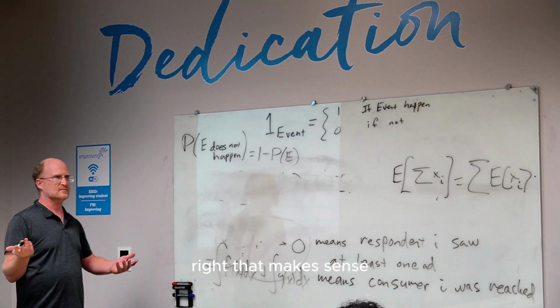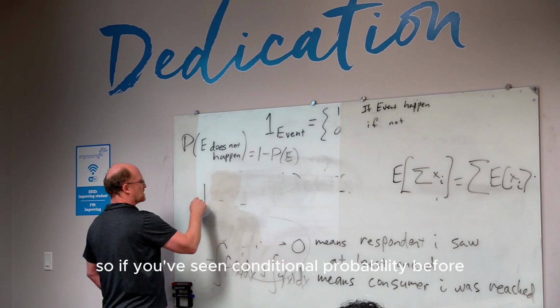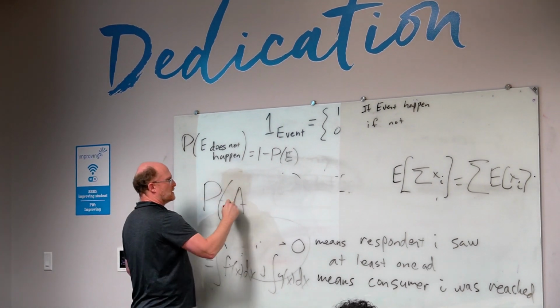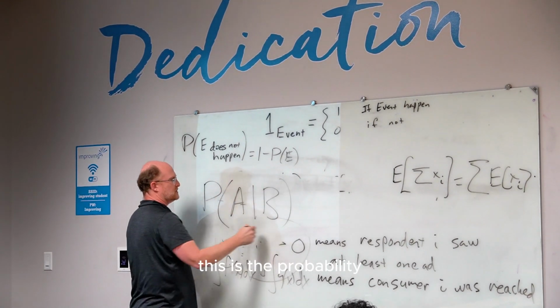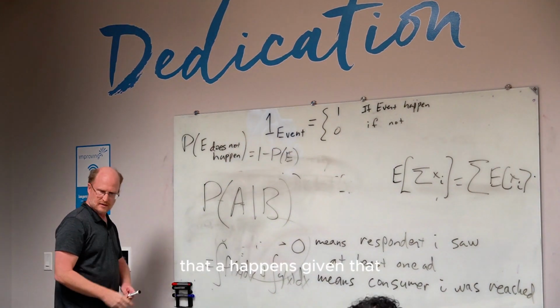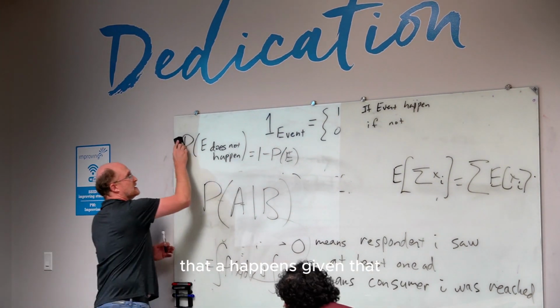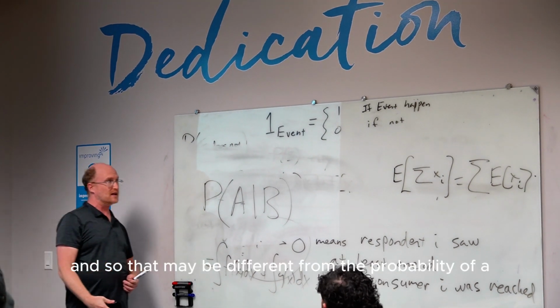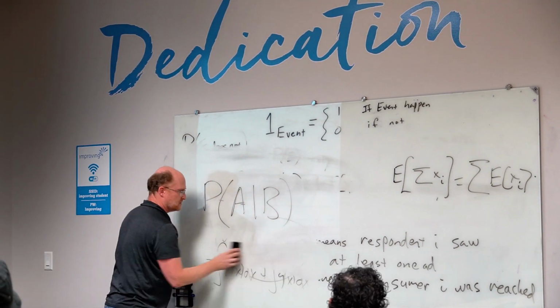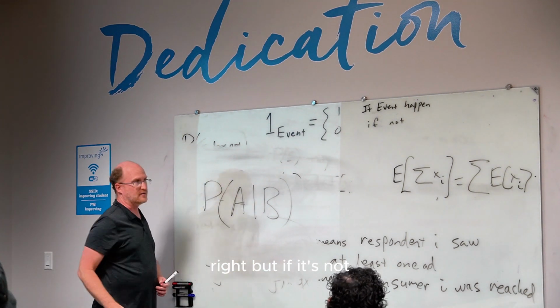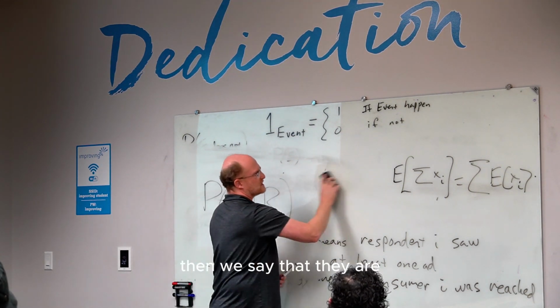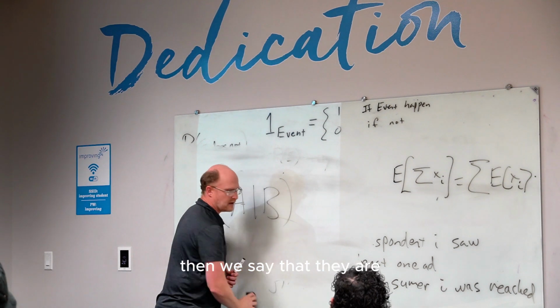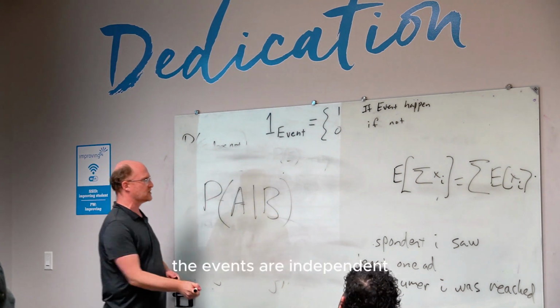Does that make sense? So if you've seen conditional probability before, this is the probability that A happens given that you know B has happened. And so that may be different from the probability of A, right? But if it's not, then we say that the events are independent.